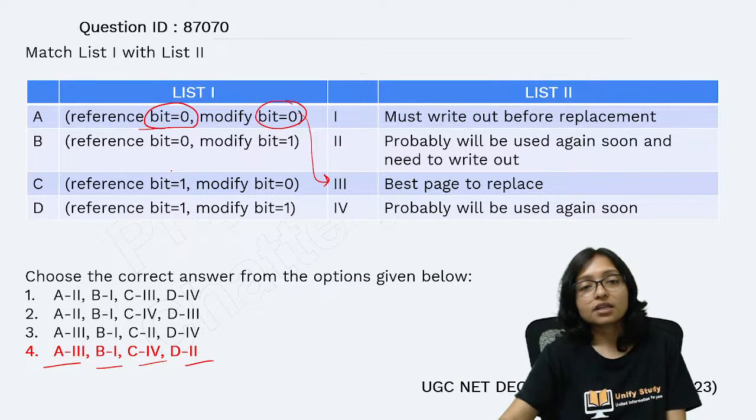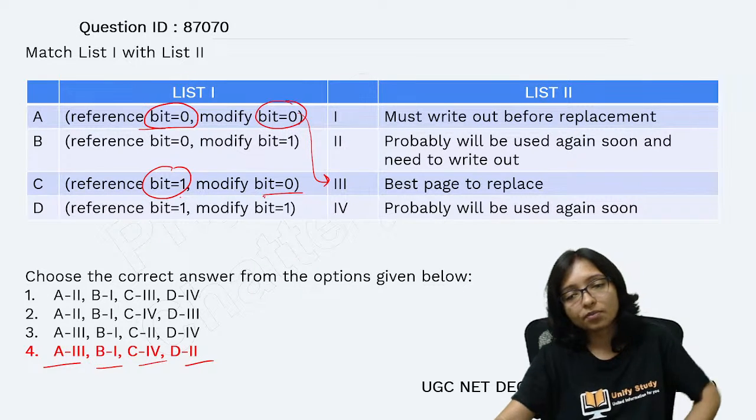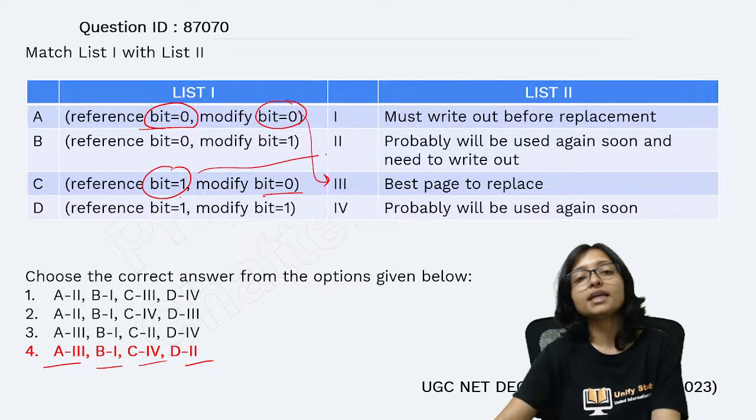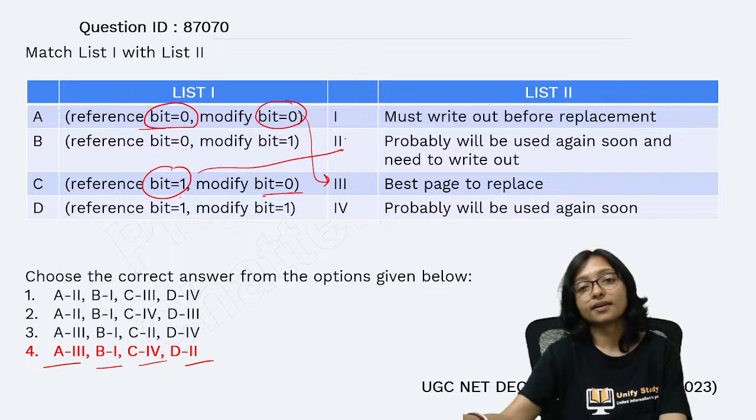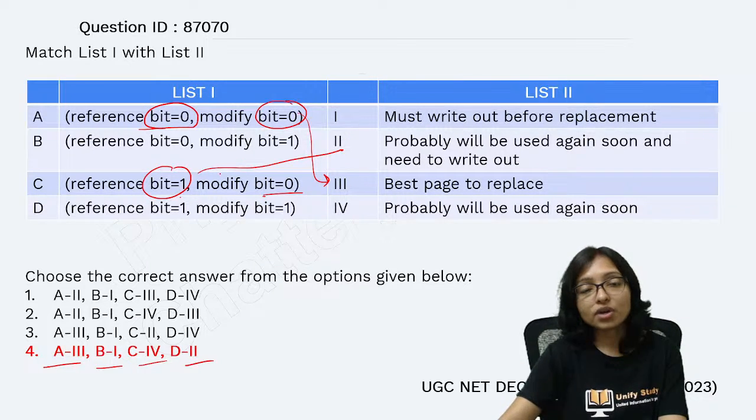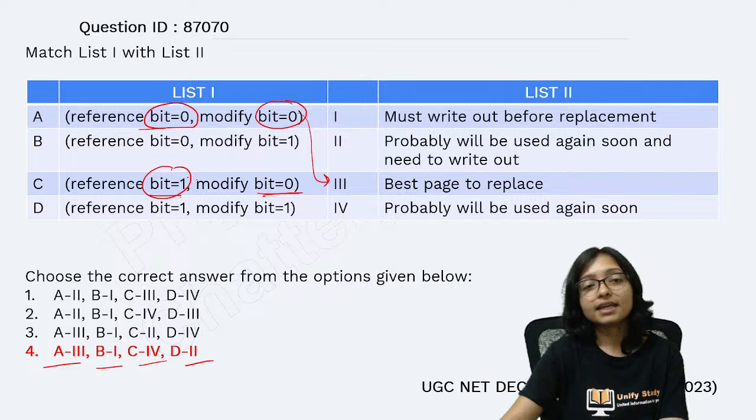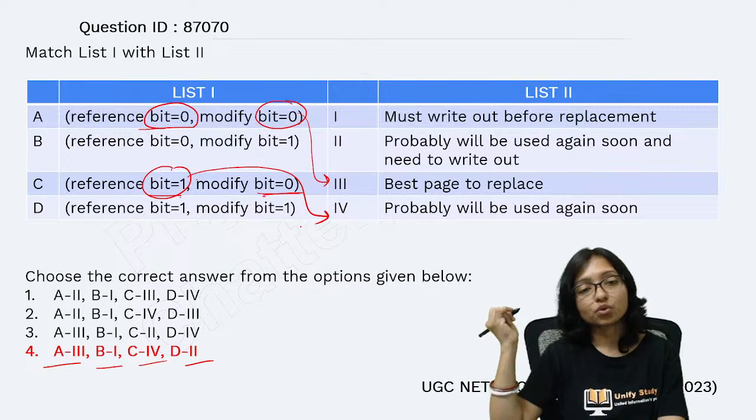So when the reference bit is 1 and modified bit is 0, probably it will be used soon again. It need not be written out. This is this one.